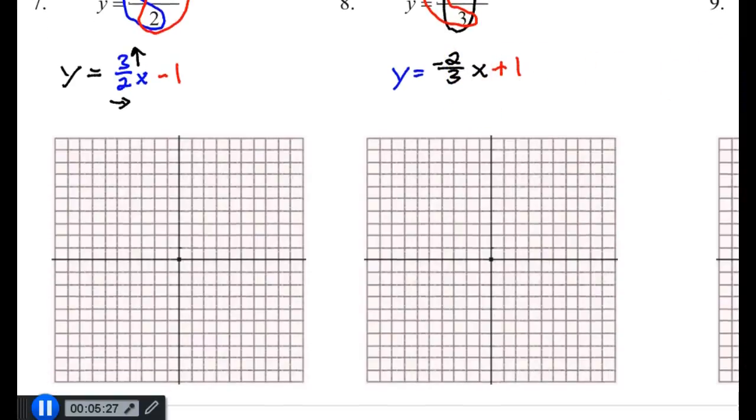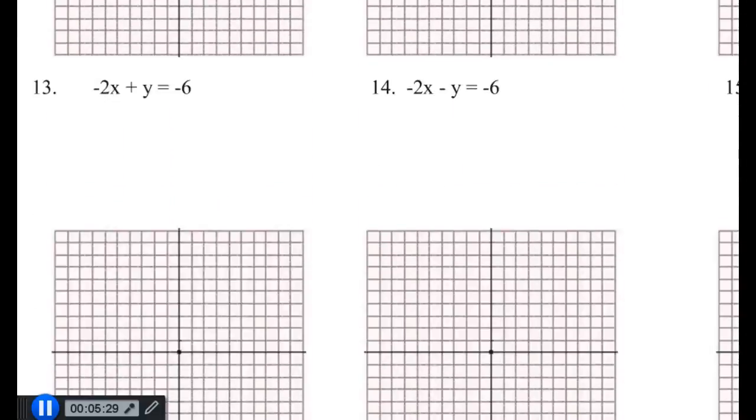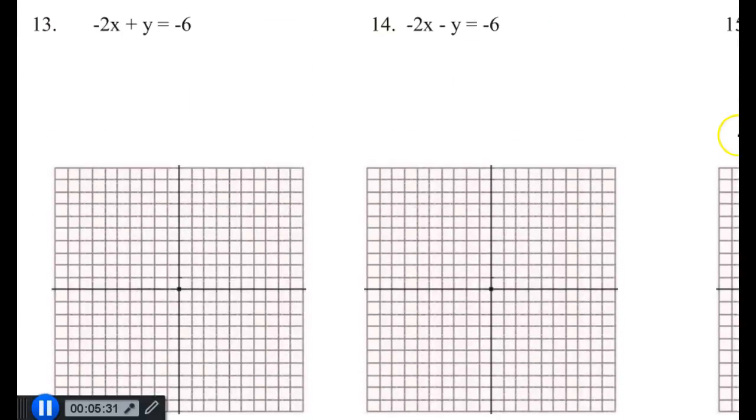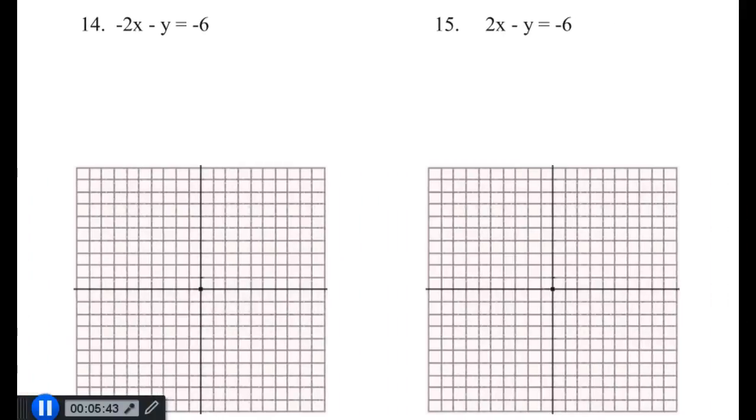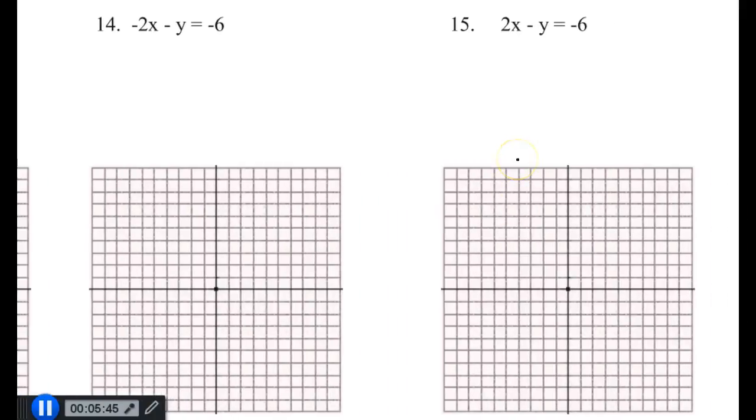Going to some other pages, the most common mistake I was seeing yesterday would be something like on, let's see, here, like on 13 or 14, yeah, 15. Actually, let's look at 15. So on 15, this is a positive 2x, so you have to subtract 2x from both sides.